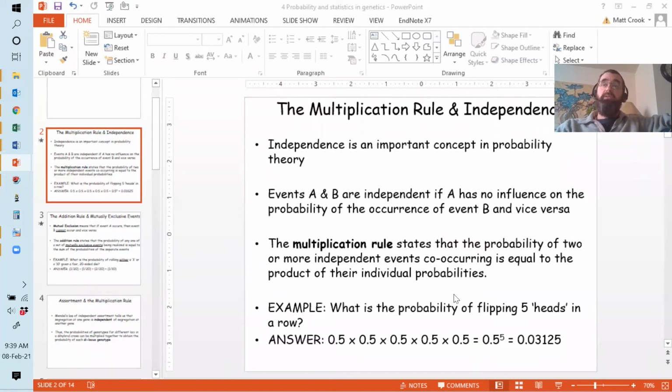So essentially, if you ask what's the probability of getting two of these independent events, you have to multiply them together. I always use the example of playing poker. I don't play poker because I don't gamble and I'm really bad at it. But think about the chance of getting a straight flush.